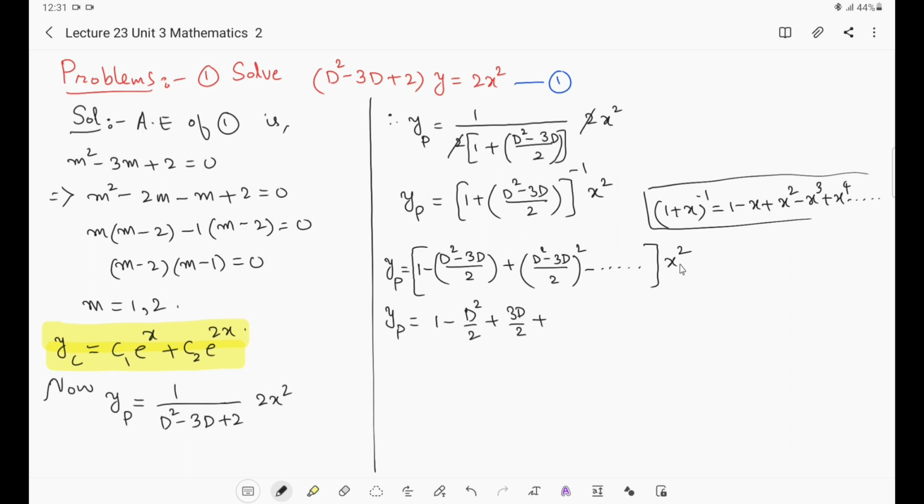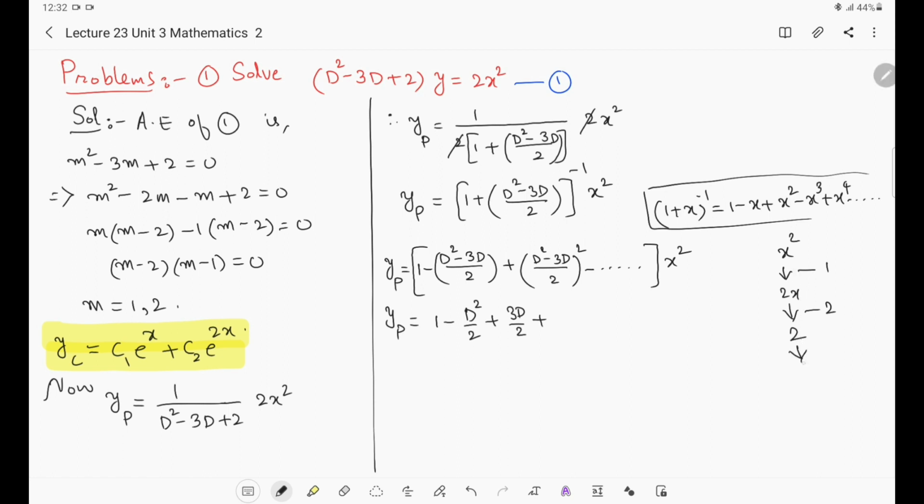See, the first derivative of x square is 2x. The second derivative of x square is 2.